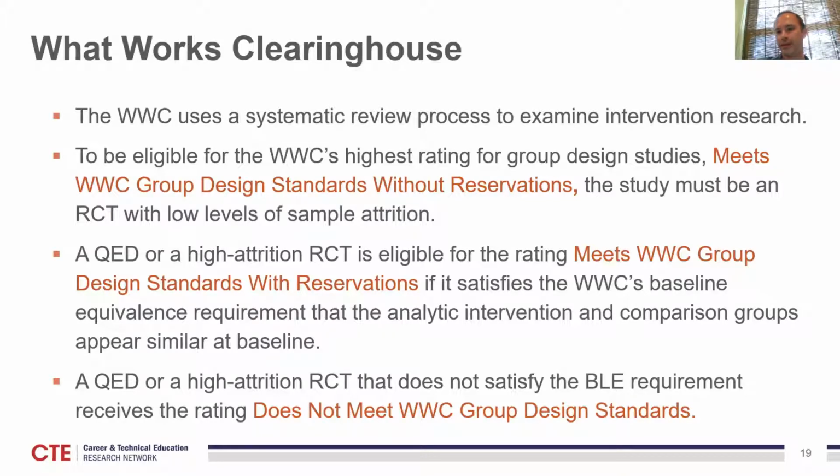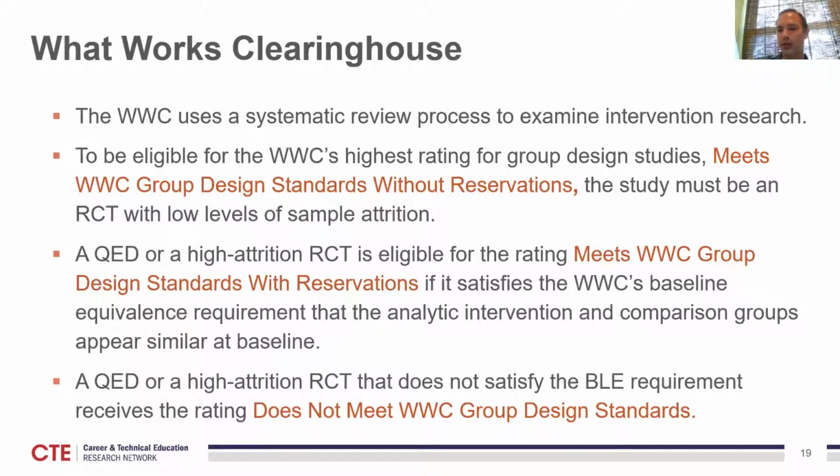To qualify for with reservations, it can be a higher attrition RCT and have comparison groups that appear to be similar at baseline. So a quasi-experimental design or a high attrition RCT that doesn't satisfy without reservations can meet with reservations.